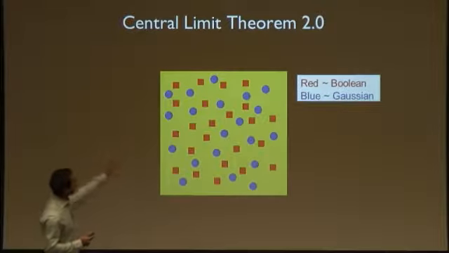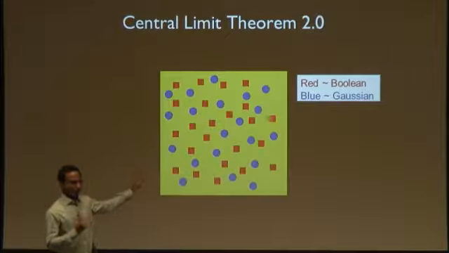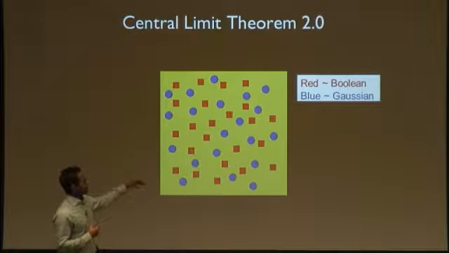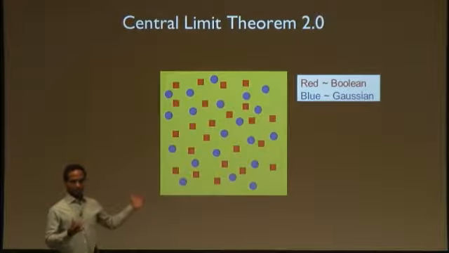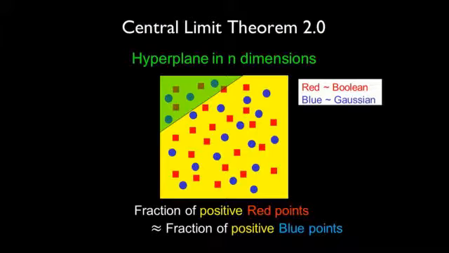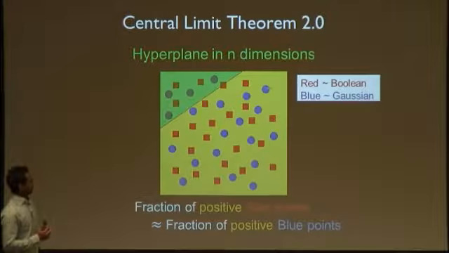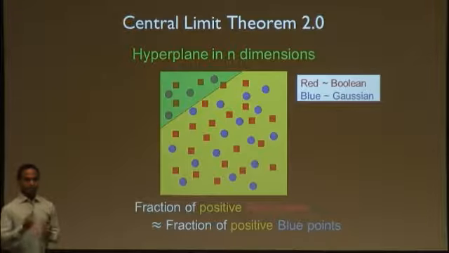Red squares you should think of as n-bit Boolean vectors, and blue circles as random Gaussian vectors. The central limit theorem says that if you take a hyperplane in n dimensions, which slices this space, then the fraction of Boolean points that lie on one side of the hyperplane is close to the fraction of Gaussian points that lie on the same side of the hyperplane.